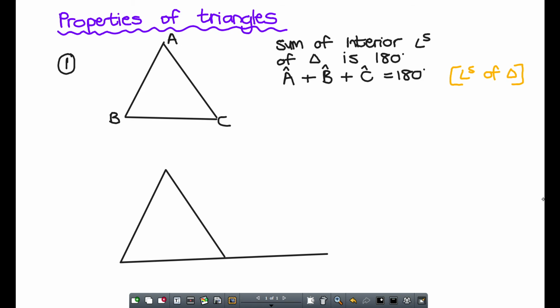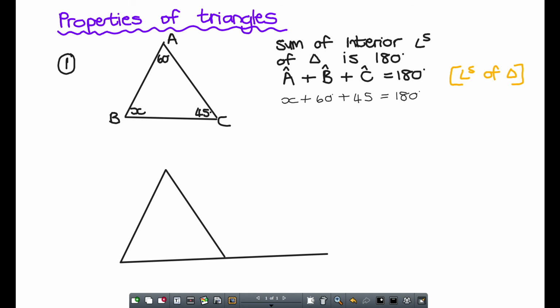So if I were to fill in some values over here, let's say this one is 60, that one is 45, and this one is x. We can then say, if I have to calculate that angle B, I'm going to say x plus the 60 plus the 45 will give me 180.